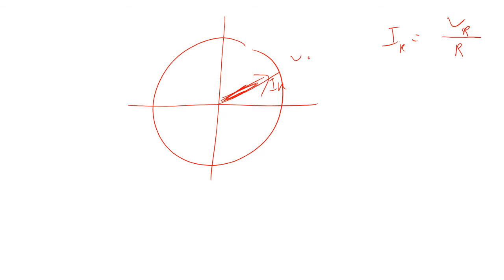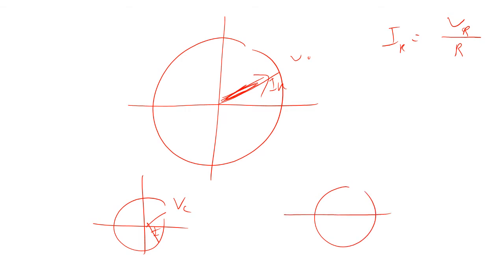if we were to draw scalars or other phasors for that, we would say we've got voltage on the inductor and the current lags behind. For a capacitor, we have the voltage on the capacitor and the current leads, okay, by pi over 2. Now, for our circuit where it's a series circuit, you have the same current in everything.